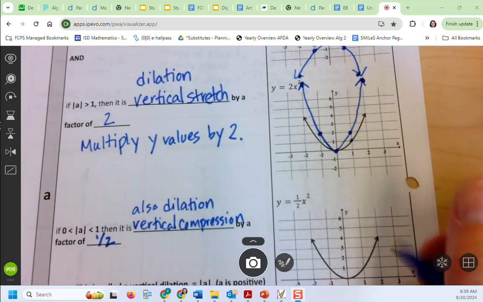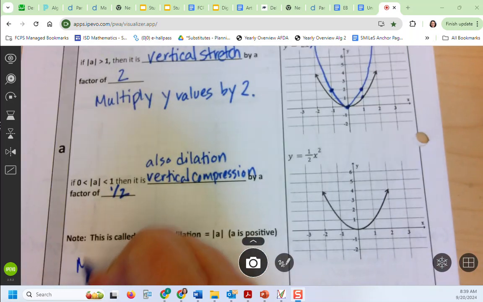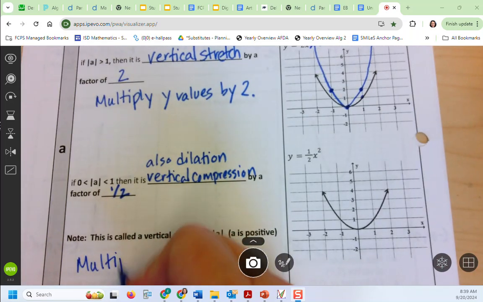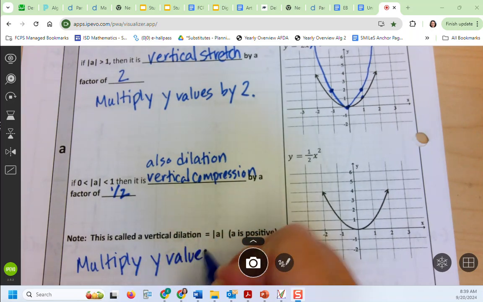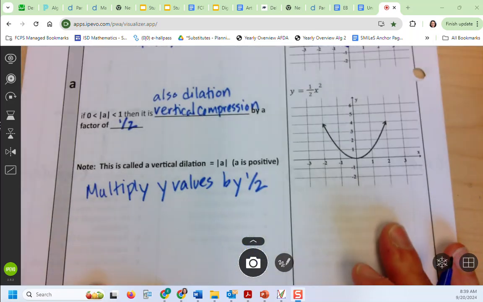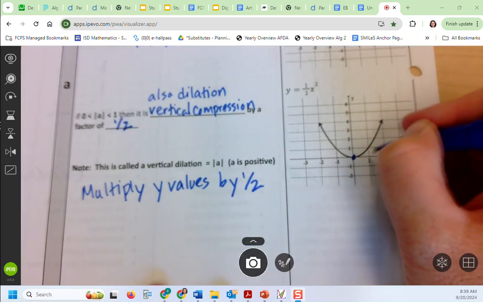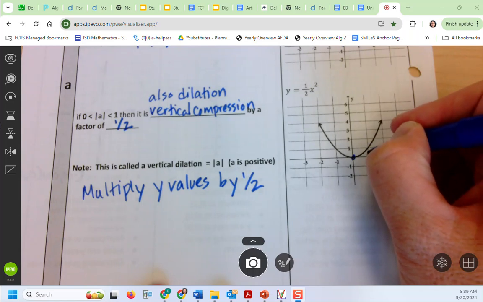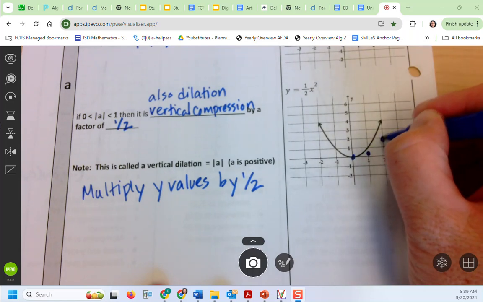All right, now all of our y values will be half of what they were before. So multiply y values by 1/2. Half of 0 is still 0. Half of 1 is 1/2. And half of 4 is 2.